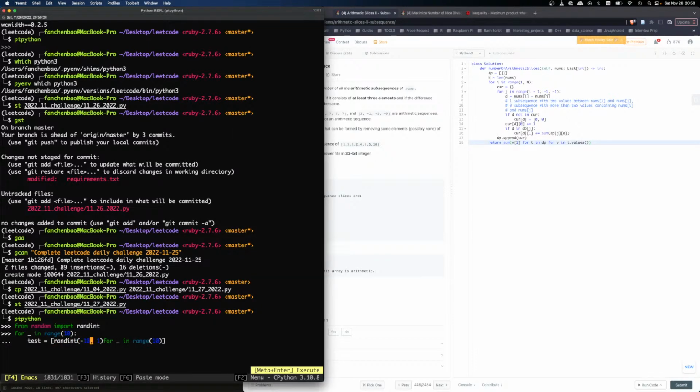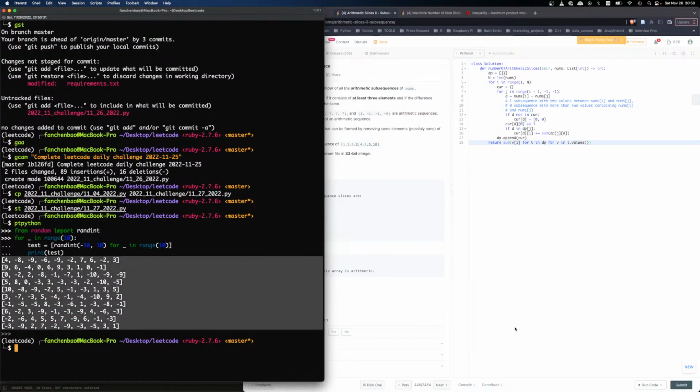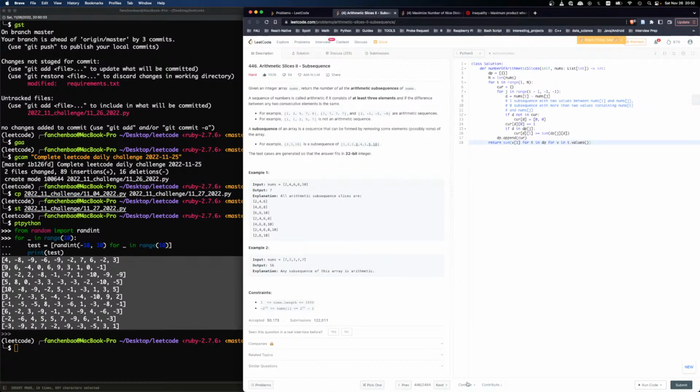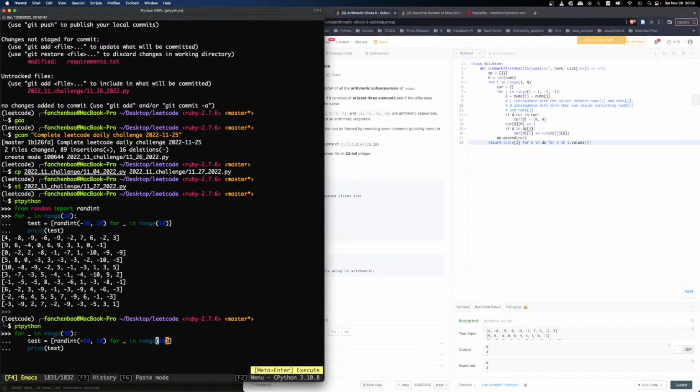Let's do minus 10 to 10. And then let's print test. Okay, and we'll try. See if it works. Looks good. 100. And 100.